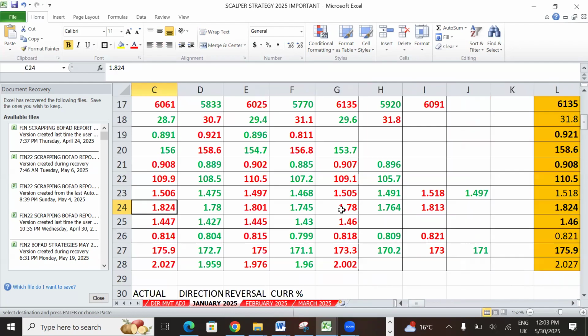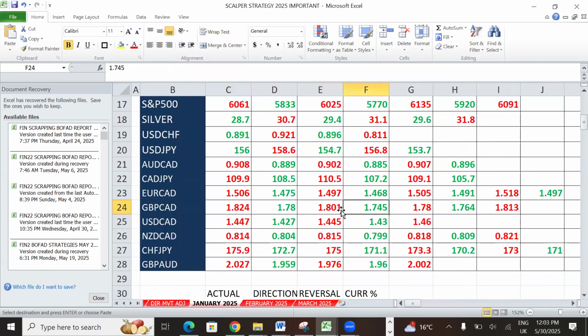So when the price goes below 1.782, we can think of buying because you know that the high is going to go higher. You can see even at this point, the high was at 1.78. Can you see? So all we are just focusing on is getting the highest, which is 1.824, and getting the lowest, which is 1.745.